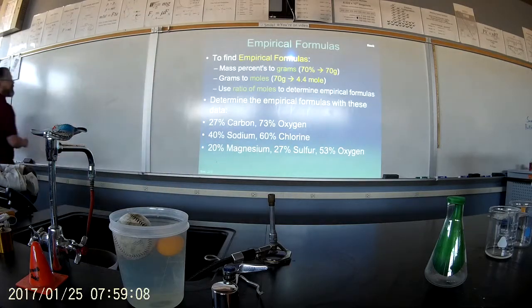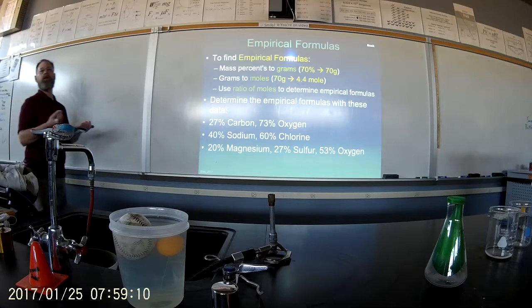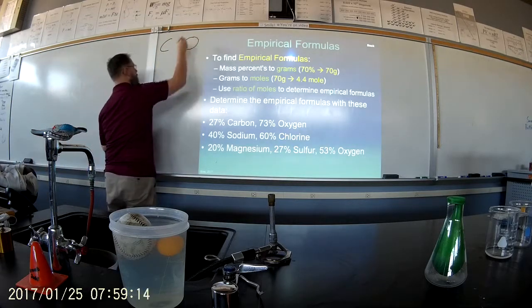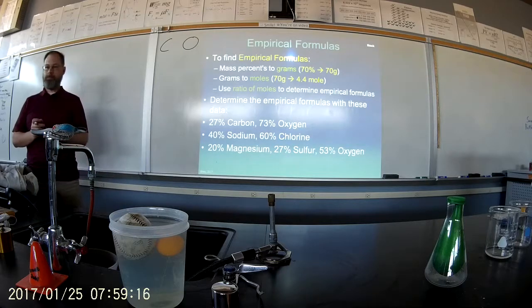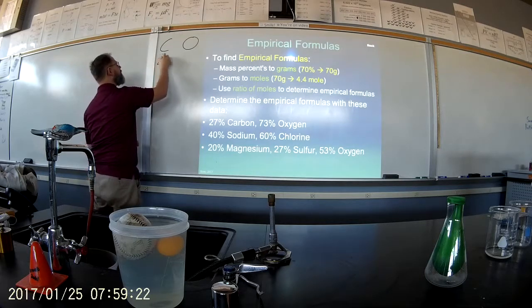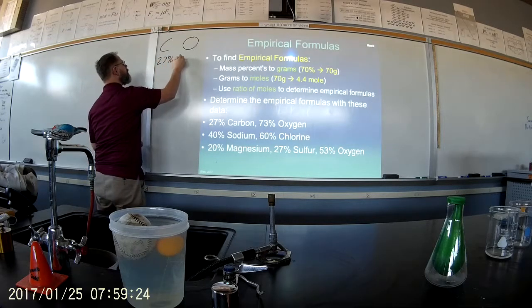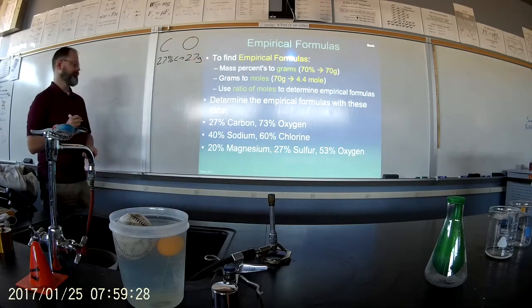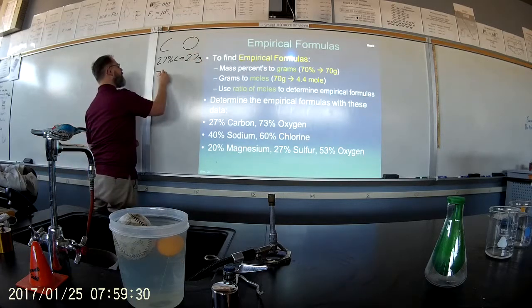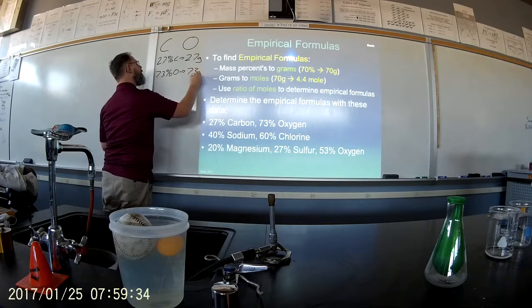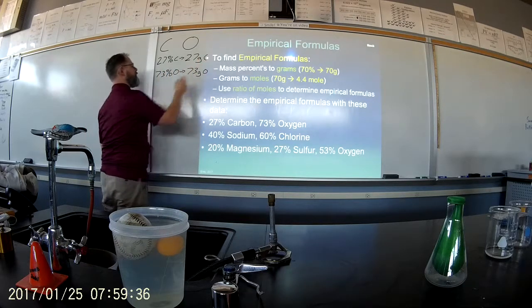The first thing we need to do is write down what the elements are, carbon and oxygen. And then 27% carbon becomes 27 grams of carbon. And 73% oxygen becomes 73 grams of oxygen.